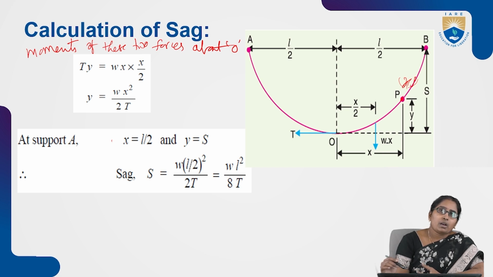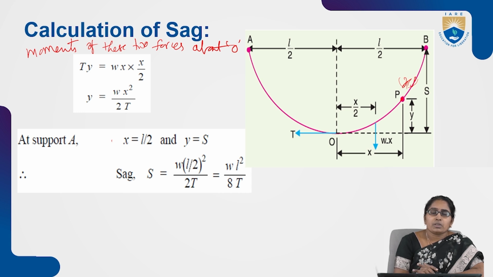In that case, y becomes equal to s, and x becomes equal to the horizontal distance, small l by 2.